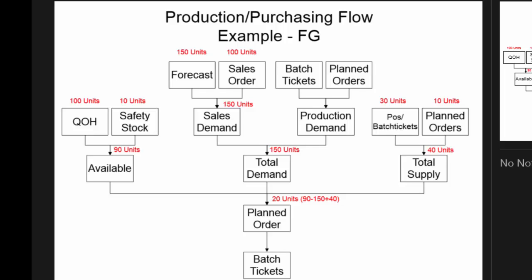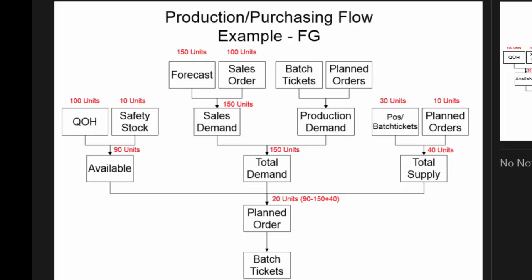So in this case, I've got a forecast of 150 units with sales orders of 100 out there. We're going to be using the forecast records. Now, when sales orders start to increase, and let's say they go from 100 to 120 to 150 to 170, when they go to 170, we will be using that 170 number. So we're in effect looking at the net, the greater of those two numbers, basically.